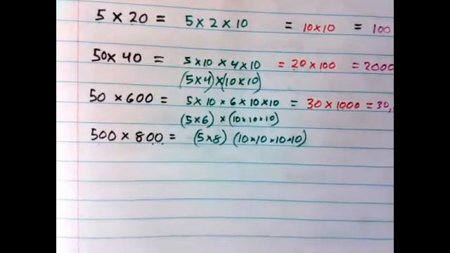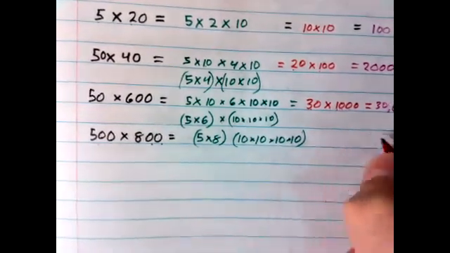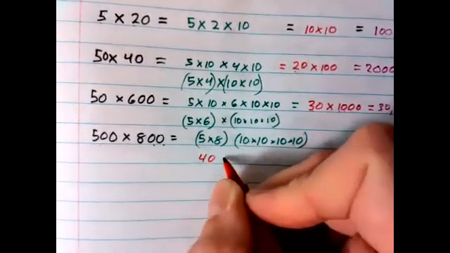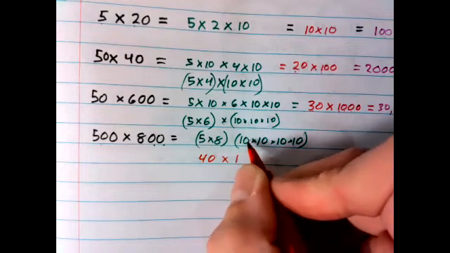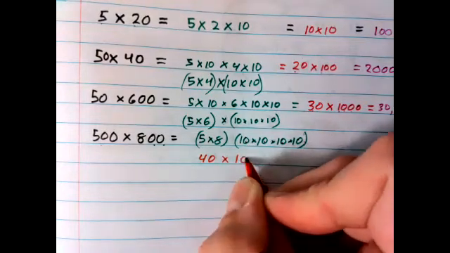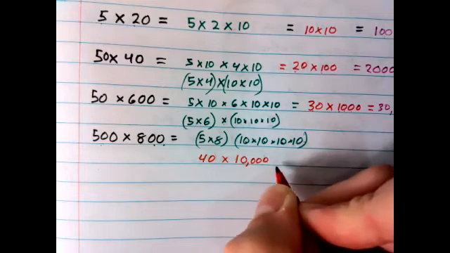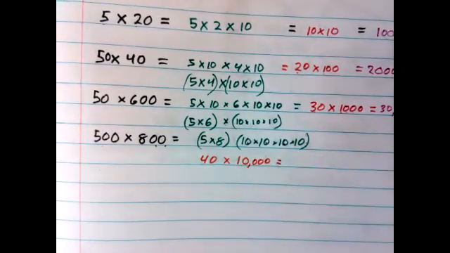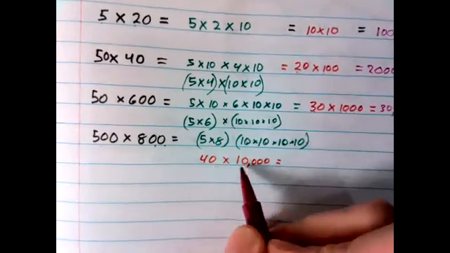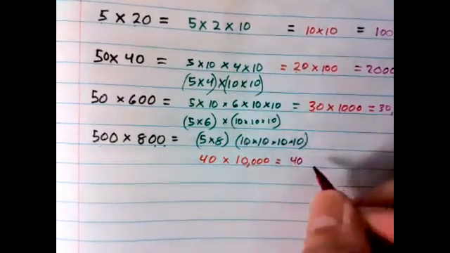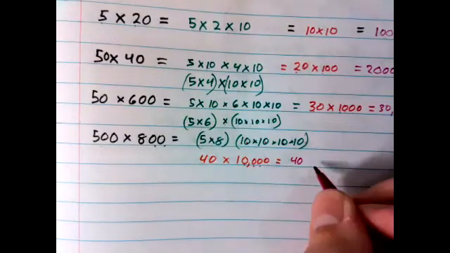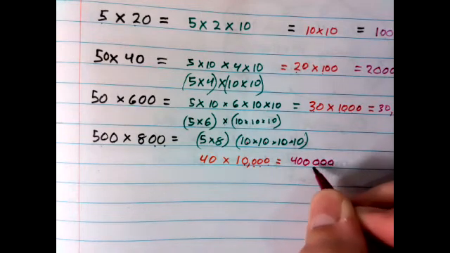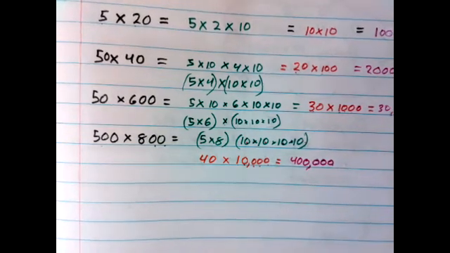So now I'm running out of space to the left, so I'm just going to drop down. 5 times 8 is 40 times 1, 2, 3, 4 zeros. Oh my goodness, 10,000. 40 times 10,000. 40 times 1, 40. 1, 2, 3, 4. 1, 2, 3, comma. Now I have 400,000.